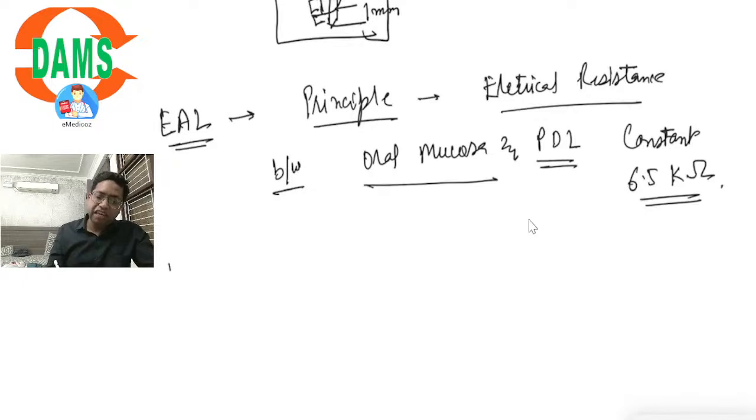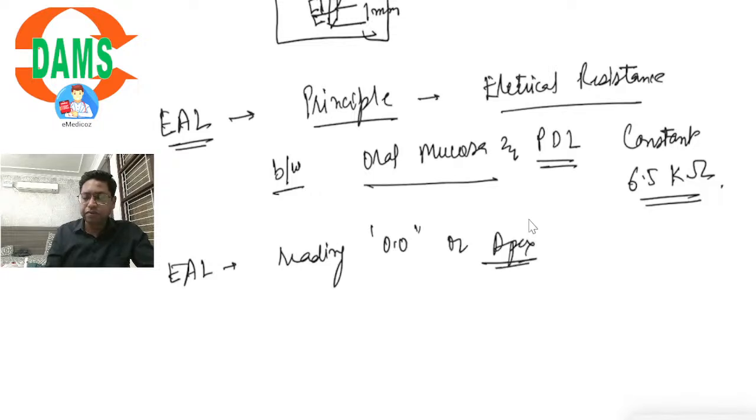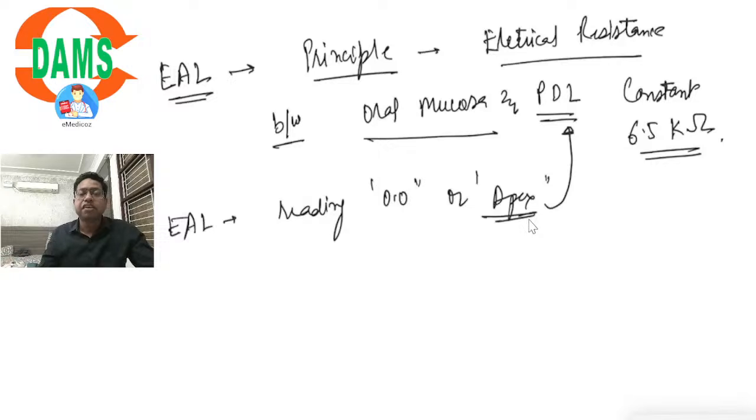So the reading 0 or apex indicates that the file is contacting the PDL. If the file is contacting the PDL, we are bang at the root apex.